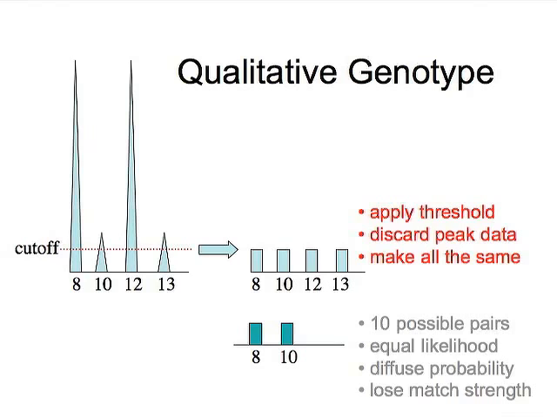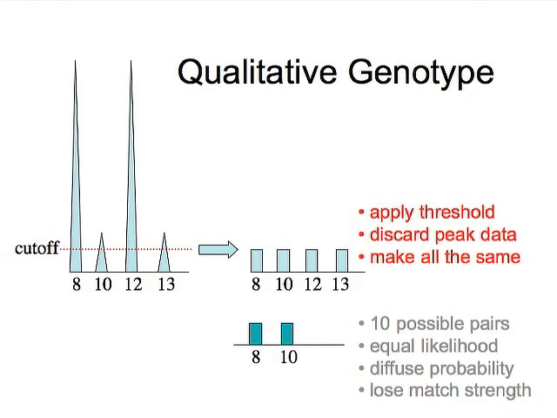Instead of concentrating it on one result, because by eye you think that's the only one, if you follow these qualitative threshold methods, which are used by every lab in the US, then you're left with a list of 10 allele pairs, and the probability, instead of being concentrated on what a computer or your eye might think is the right one, gets diffused.